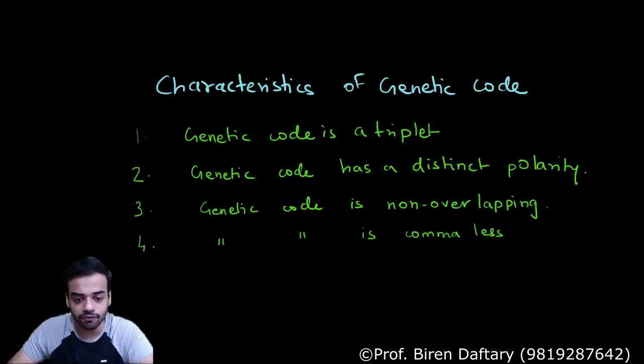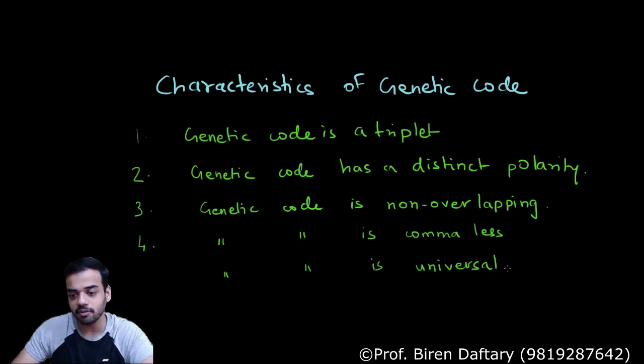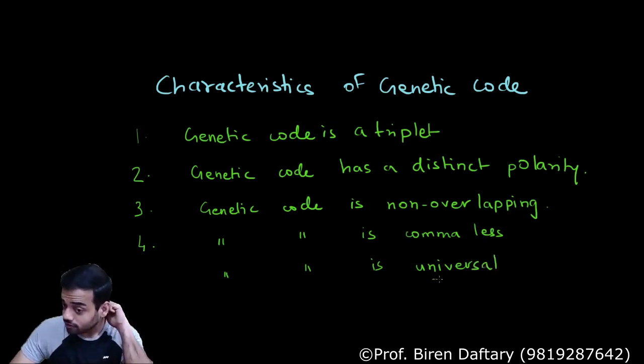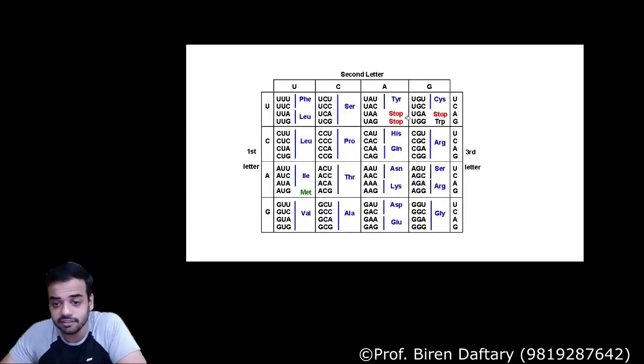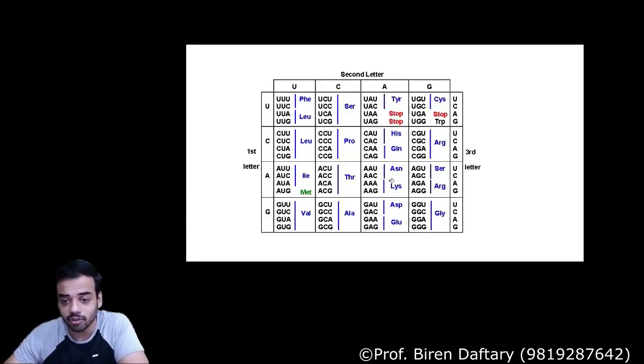Now coming to the fifth characteristic, genetic code is universal. What do you understand by this? Now what does universal mean? See, this chart which we have studied is common for all organisms. It is not going to be different for prokaryotes and eukaryotes.